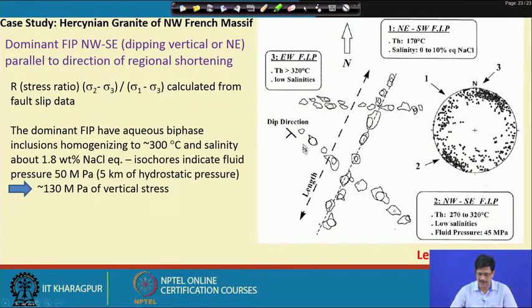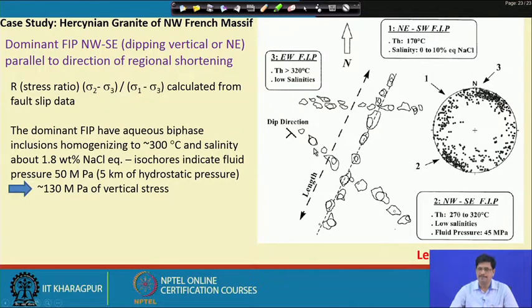If these inclusions were considered, the temperature of homogenization and the salinity, from which the densities could be calculated, and the isocores could be plotted, then taking an average value for these isocores, the authors interpreted roughly 50 plus or minus 10 megapascal, that means 500 bars of pressure, which could be interpreted from analysis of this particular fluid inclusion plane.